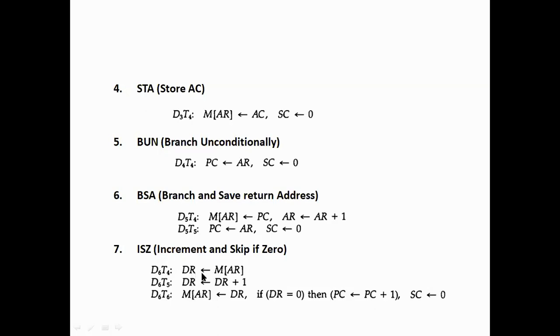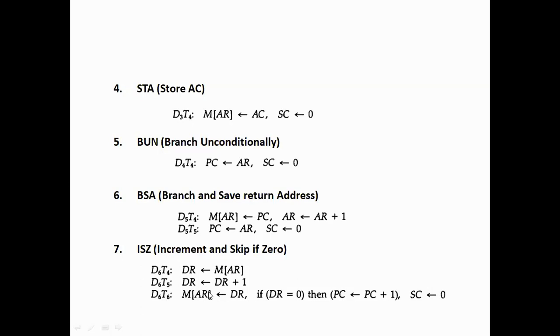Once the operand is in DR, in the next clock cycle, the DR is incremented. And to increment DR, we don't need the help of other circuitry, because we know there is a direct control signal INR, increment, that goes to the DR. So that signal will increment the DR. Done. Now the next step is skip if 0.